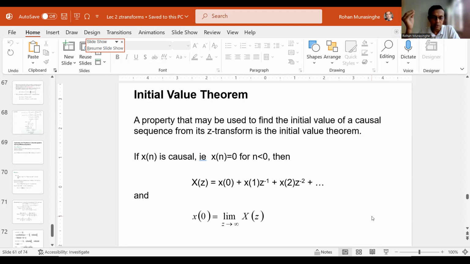And then if you want to find out the signal at a particular point, you can read that. But this value theorem lets you figure out the initial value of your signal, maybe input signal, maybe response or whatever, right? From your z-transform itself. So that's why it's so important.